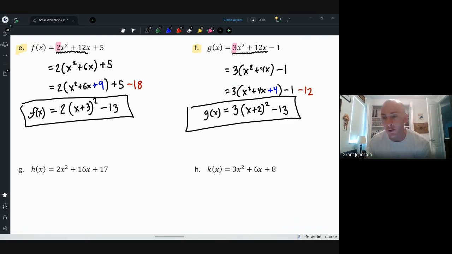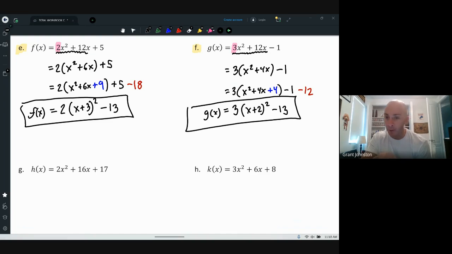I'm sure you can find a way online that shows you how to do it that way. You can find the vertex by doing negative b over 2a to get the axis of symmetry, then plug it in to get the vertex, and then write it in vertex form with that a value.